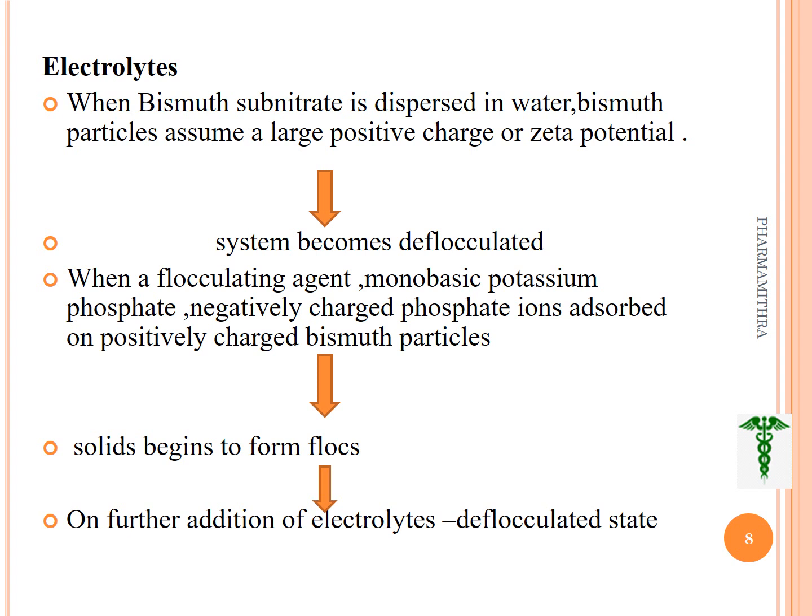This is a negatively charged particle. So what happens? This will get adsorbed, right? Positively charged bismuth particle will deposit on the monobasic potassium phosphate and the solid begins to form flocs. If you are again adding electrolyte, it will go to the deflocculation state. That's why we see the last diagram as caking, non-caking, again caking. It means if you are adding more electrolyte, it will go back to the deflocculated state, but it is going to the negative.